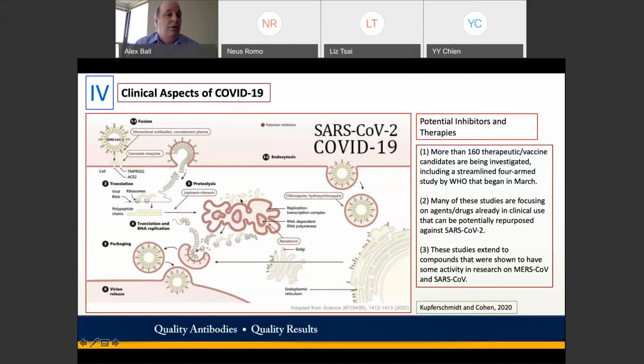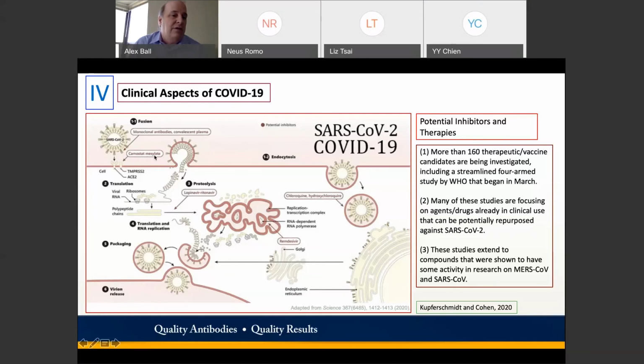The medications that at present seem to have been most useful are certain monoclonal antibodies and also convalescent plasma from people who have recovered from disease. People are also looking at camostat mesylate, which is a serine protease inhibitor. As I mentioned, the cofactor TMPRSS2 is a serine protease.